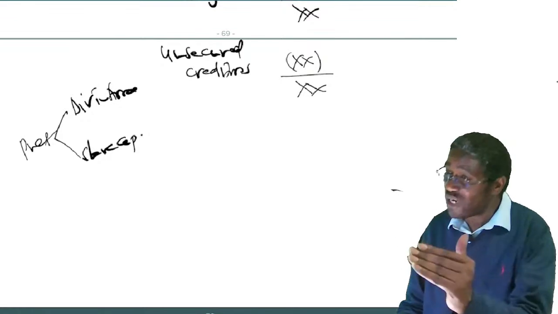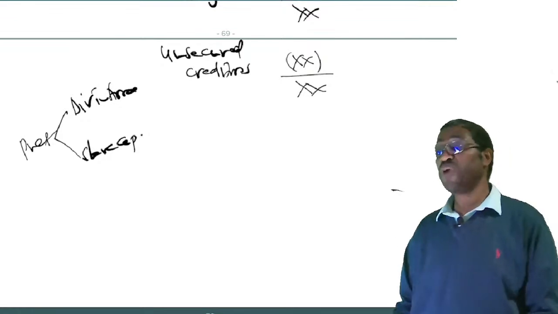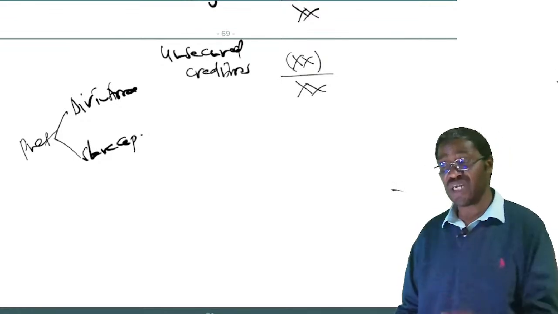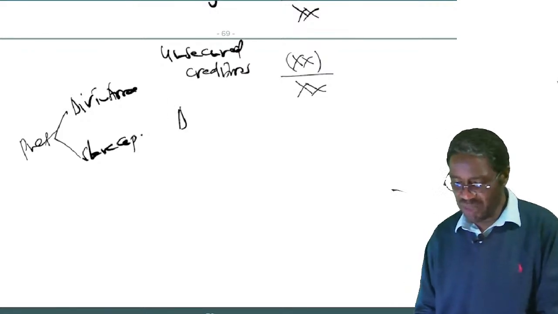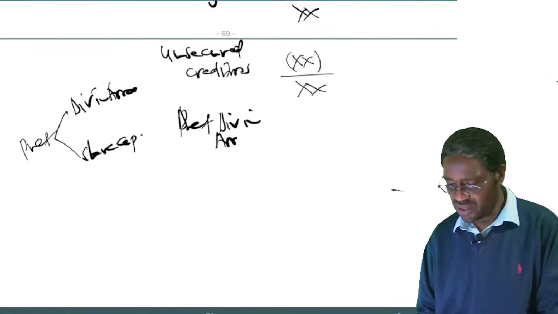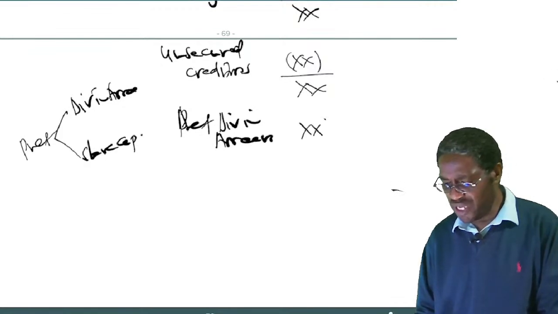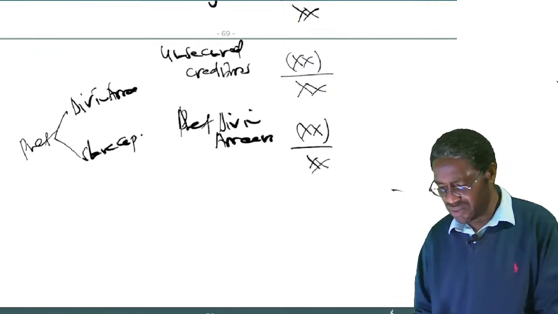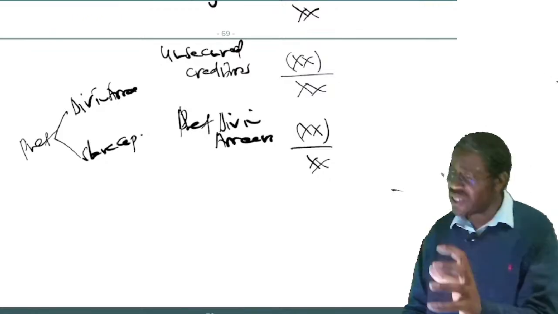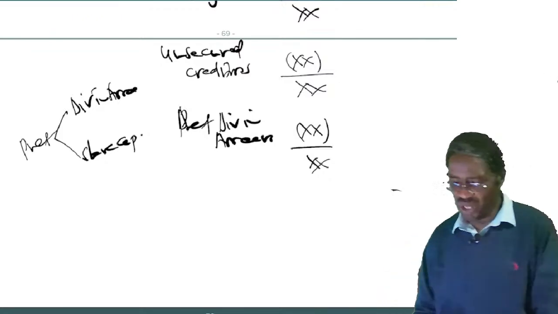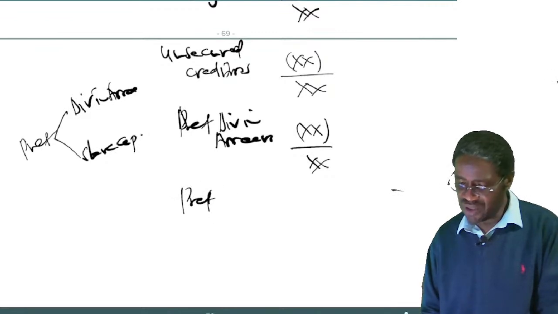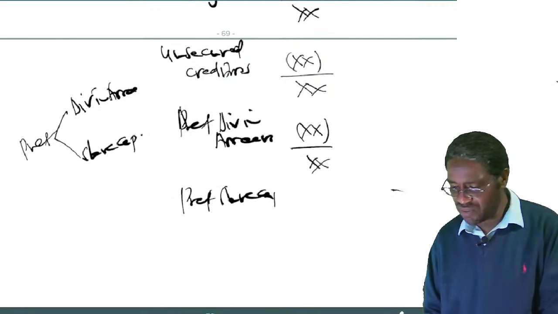In order of priority, you are supposed to pay them their dividends in arrears first. So you come and say your preference, dividends in arrears. Suppose you pay the arrears and money is still remaining, then you pay them their capital. So you come and say preference share capital now.